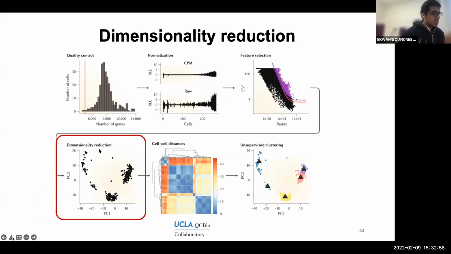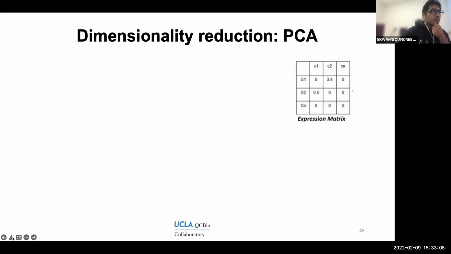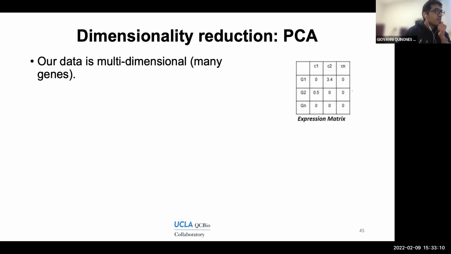Now we're introducing the fourth step of our analysis, which is dimensionality reduction, or PCA. PCA stands for principal component analysis, and the goal of this step is to reduce the number of dimensions of our data.